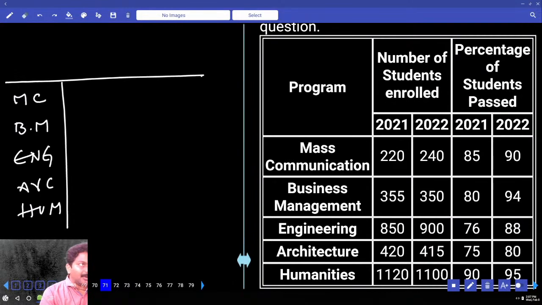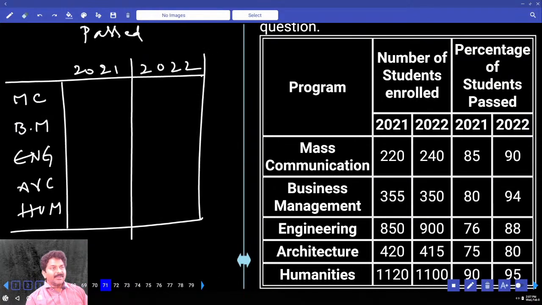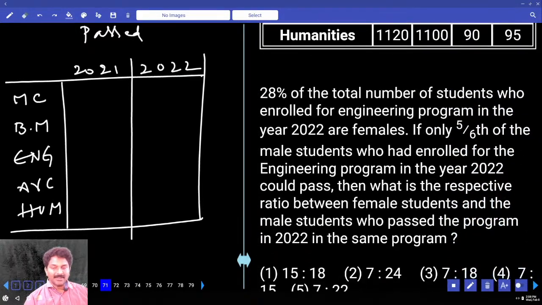Total number of enrolled students is already there. So I would like to write only those who passed in the year 2021 and then 2022. Don't prepare the table right now. Prepare the structure and try to fill the gap whenever you calculate values. Let's start question by question.